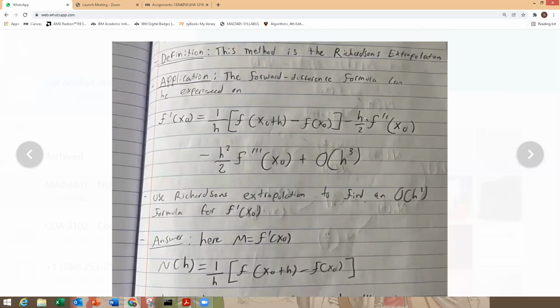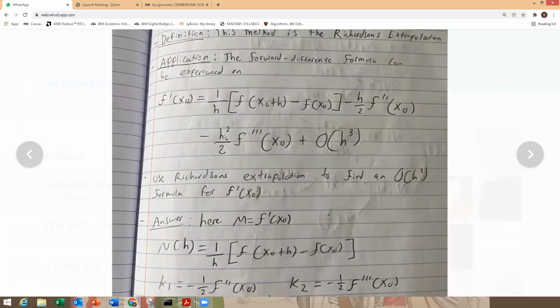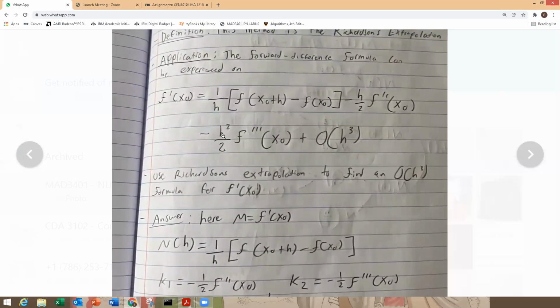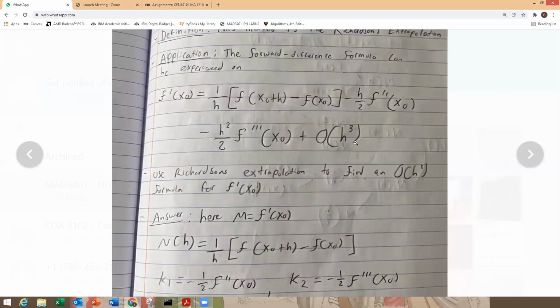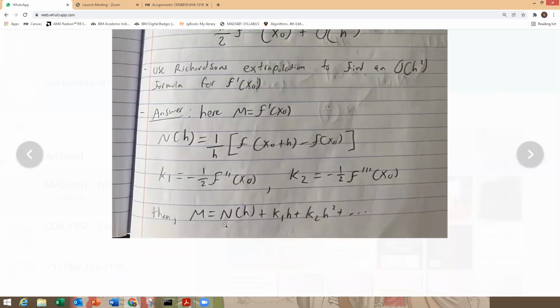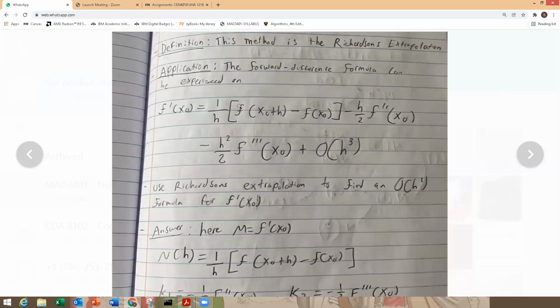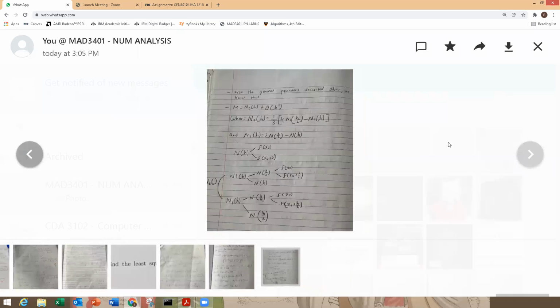K1 equals this block times H. What does K2 equal? K2 equals this block, or this little sequence here, times H squared. And then we finally have big O of H cubed, right? So that follows that M equals N of H plus K1 H plus K2 H squared, right? Makes sense, right? How the formula derives itself.